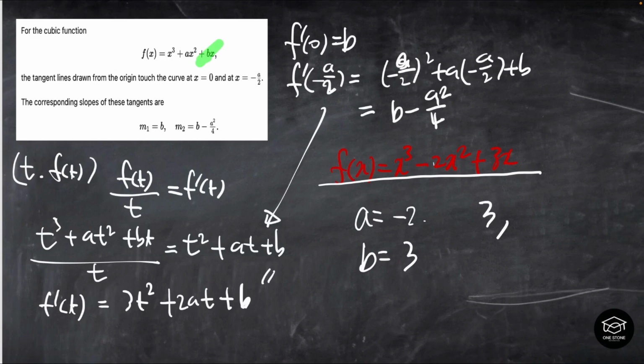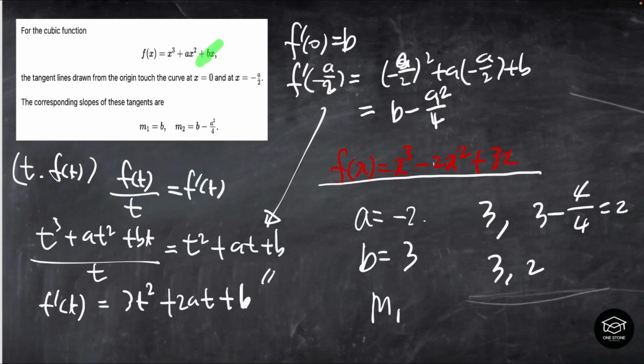The second slope is b minus a squared over 4. That is 3 minus the square of negative 2 over 4. Negative 2 squared is 4, divided by 4 gives 1, so we have 3 minus 1, which is 2. Therefore, the two tangent slopes from the origin are 3 and 2.